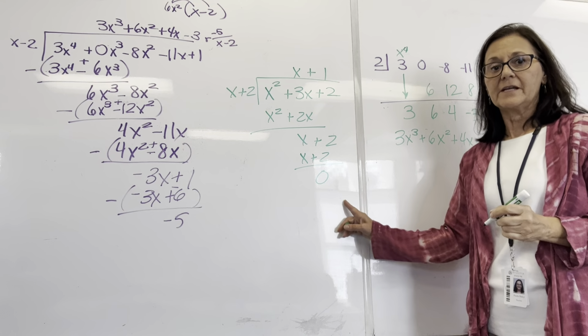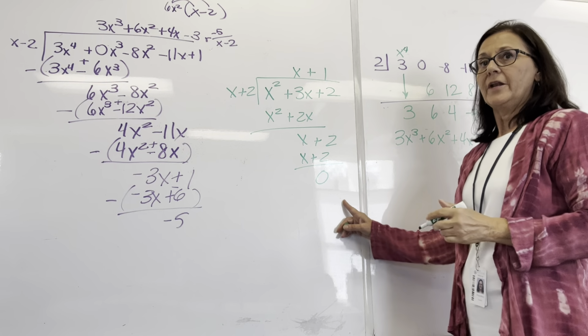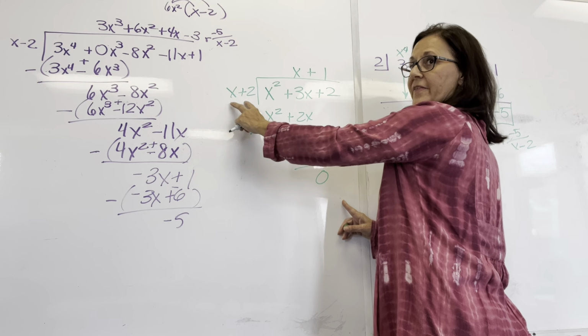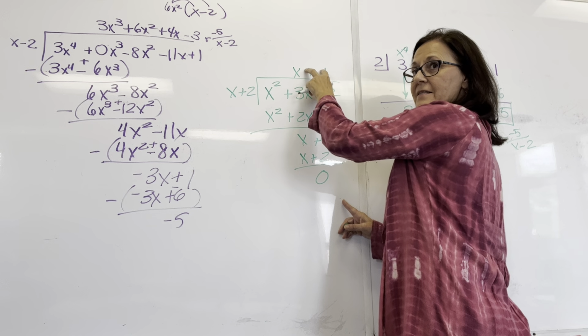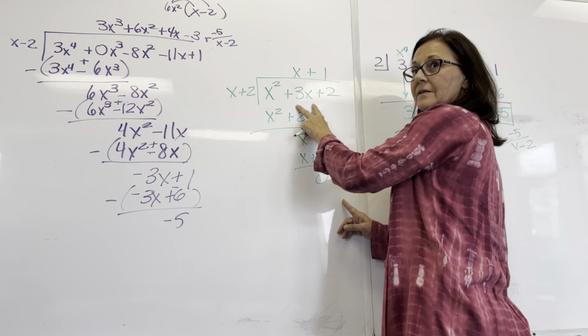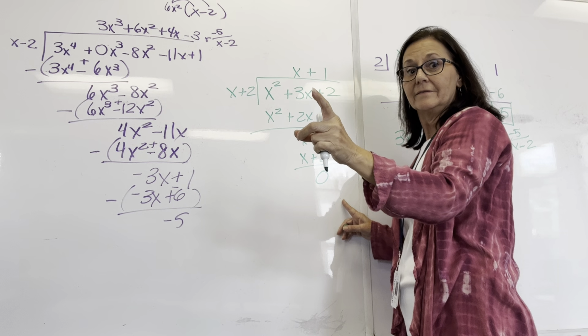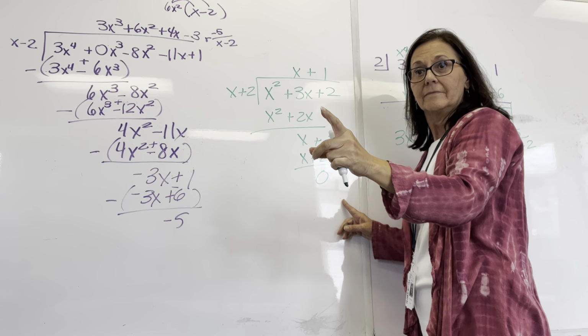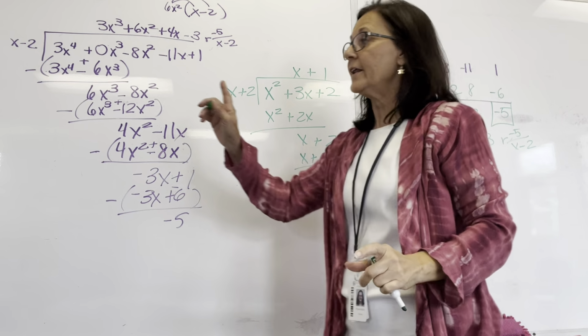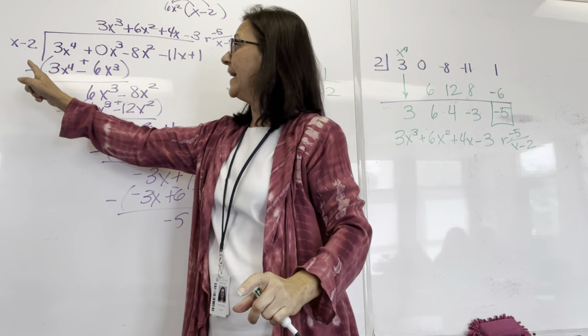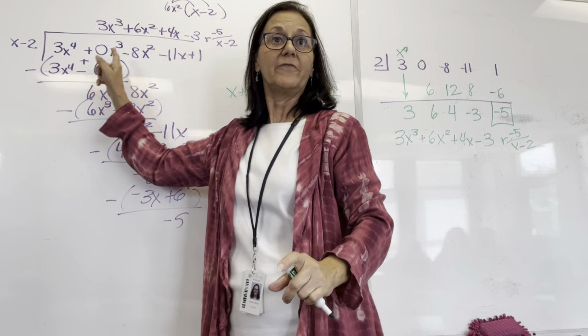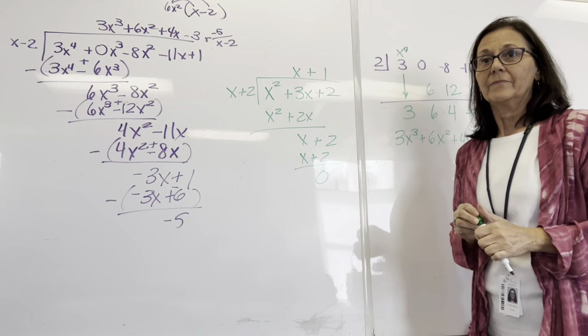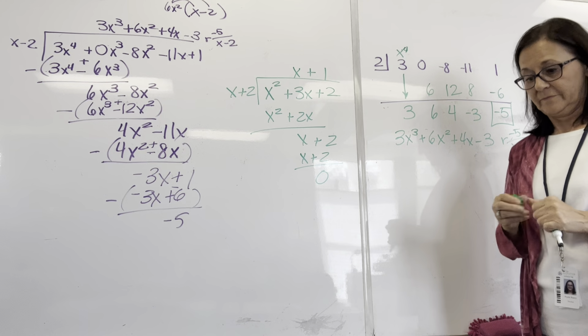When we have a remainder of 0, then we know that this times this equals this. So we factored it. So I can already know without having to do long division, is this a factor of this? And I'm going to show you how.